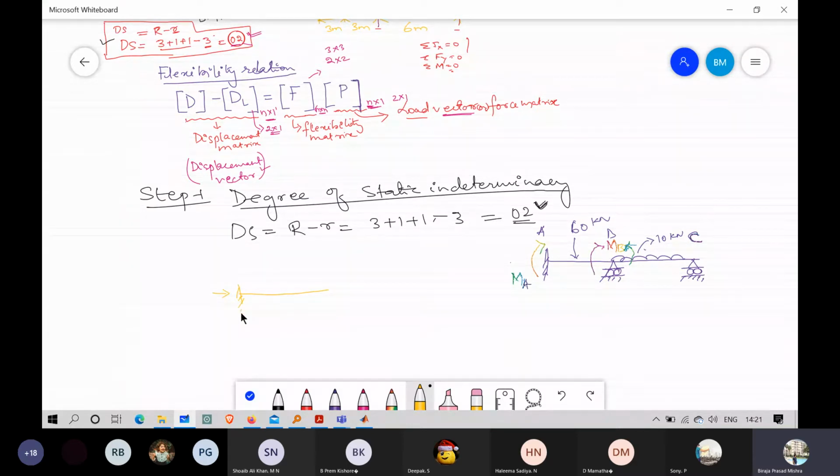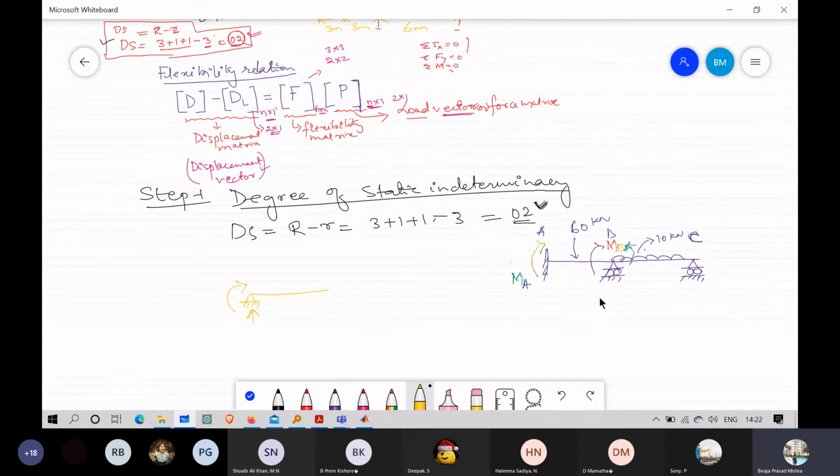So basically here we will have this vertical reaction, and instead of this one we can make it a hinged one. If we make it a hinged one and show this vertical reaction over here, definitely there will be one moment.